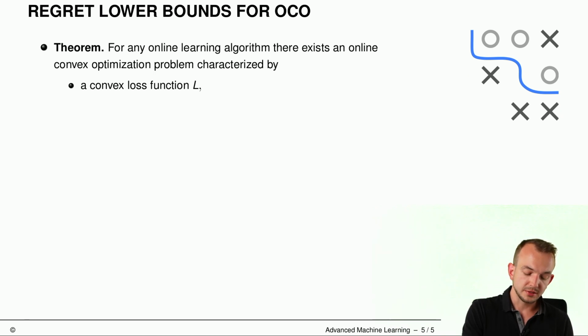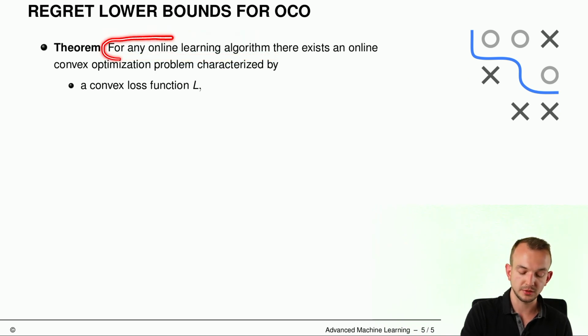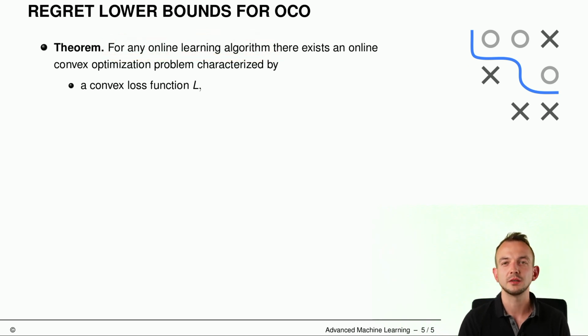So it's a lower bound in the sense that for any online learning algorithm, so you can think of the most sophisticated one, you can do whatever you want as long as you stick to the game rules, that you respect the game rules, that you don't use more information than you have available, so you don't cheat, in fact.